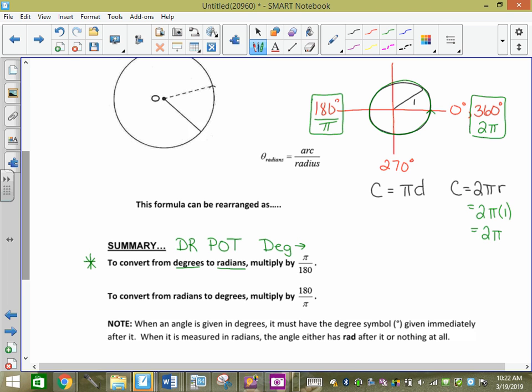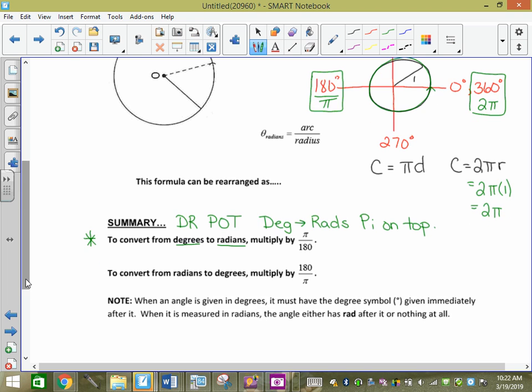So degrees to radians, rads, pi on top. Some people memorize the other one as RD Pob, or they just say, hey, it's the other way. Up to you. Radians to degrees, pi on bottom. So you're either going to multiply by pi over 180, or you're going to multiply by 180 over pi. Okay? It just flips depending on what you're finding. But if you're going from radians to degrees, pi's on the bottom. If you're going from degrees to radians, pi on top. Everyone remembers this one.